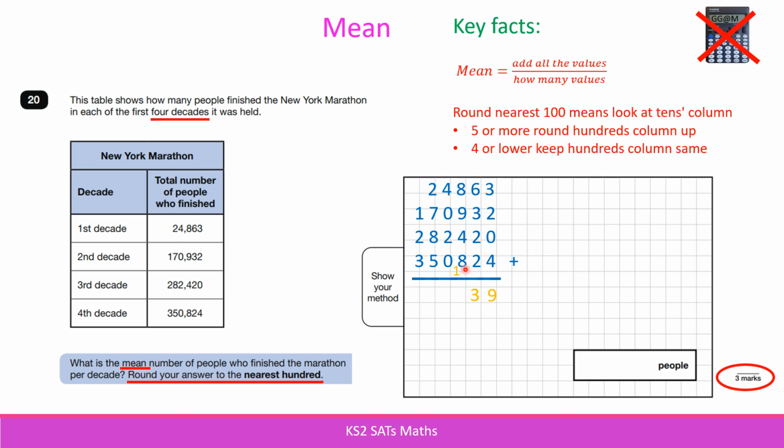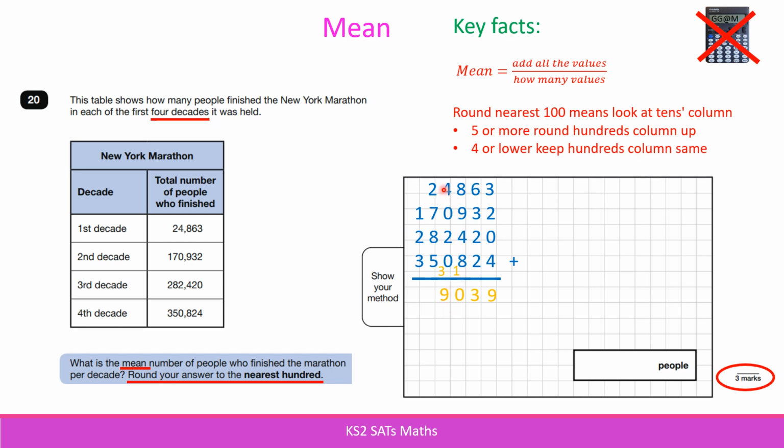We've got to add all these. Now if we look at them, I know 8 plus 8 is 16. 9 plus the 1 is a number bond to 10, so that's 10. So I've got 16 plus the 10, which is 26. Plus the 4 gives me a 30. So I carry the 3 over here and the 0 for 30. Then I've got a 4 plus 2 is 6. Plus 3 gives me a 9. So that's just a 9 written underneath.